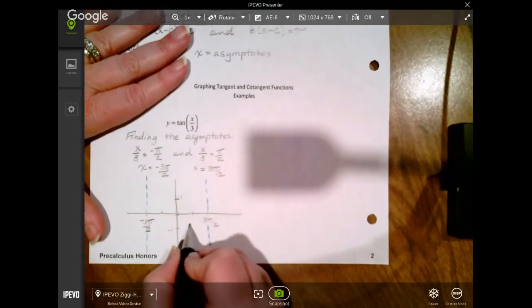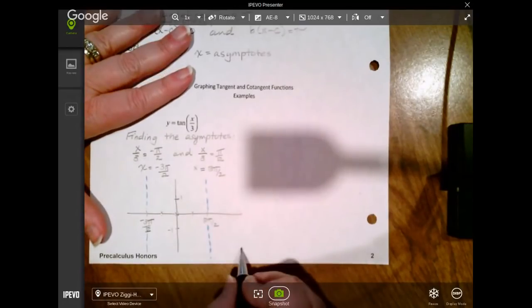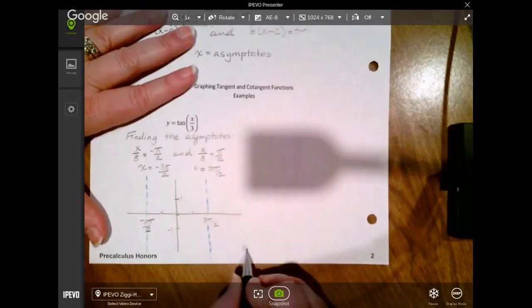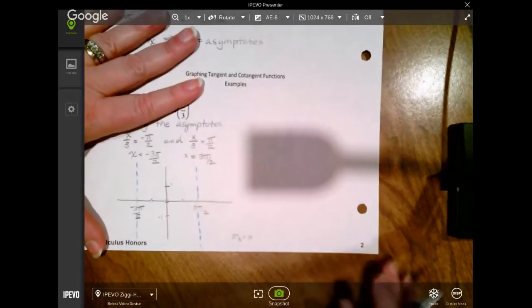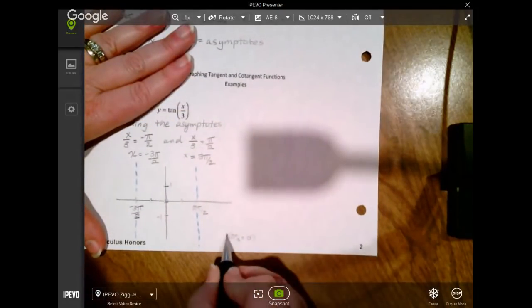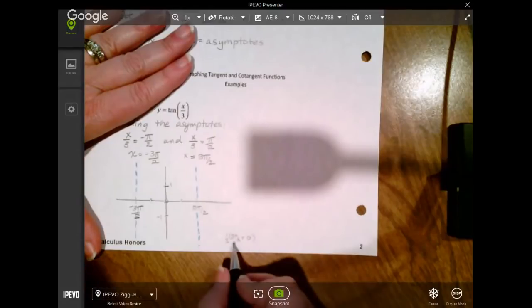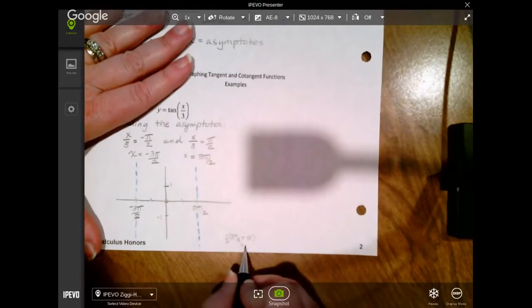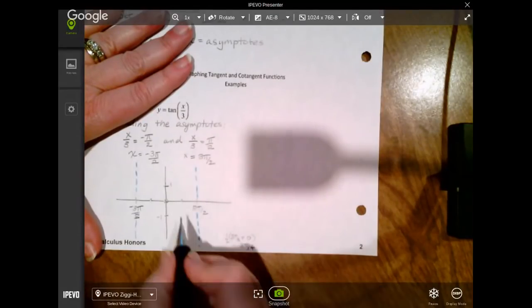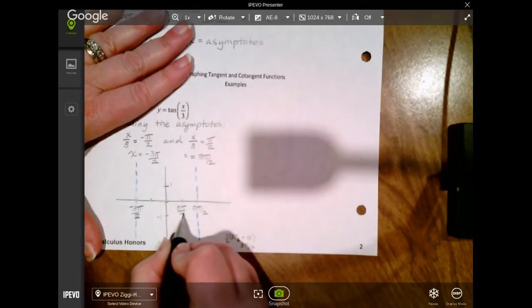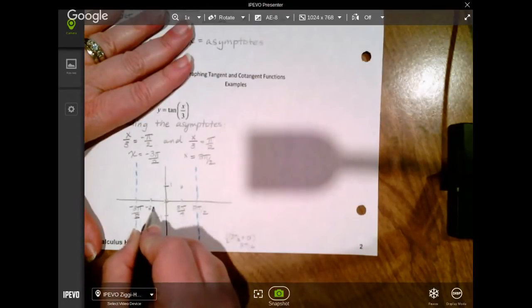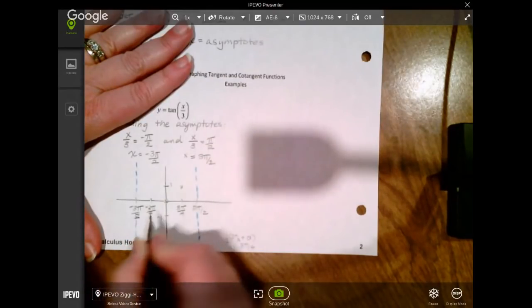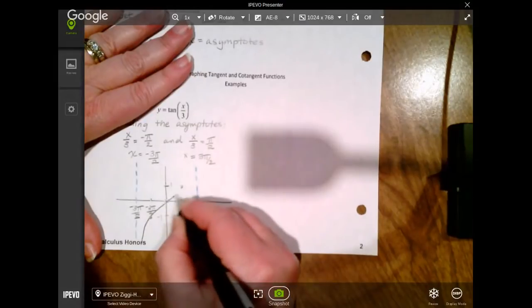Halfway between 0 and 3 pi over 2, I'm going to average, 3 pi over 2 plus 0 times 1/2, and that's going to be 3 pi over 4. So this point is going to be 3 pi over 4, up at 1. And since we have nice symmetry here, this will be negative 3 pi over 4, at negative 1. And then I can graph my tangent graph.